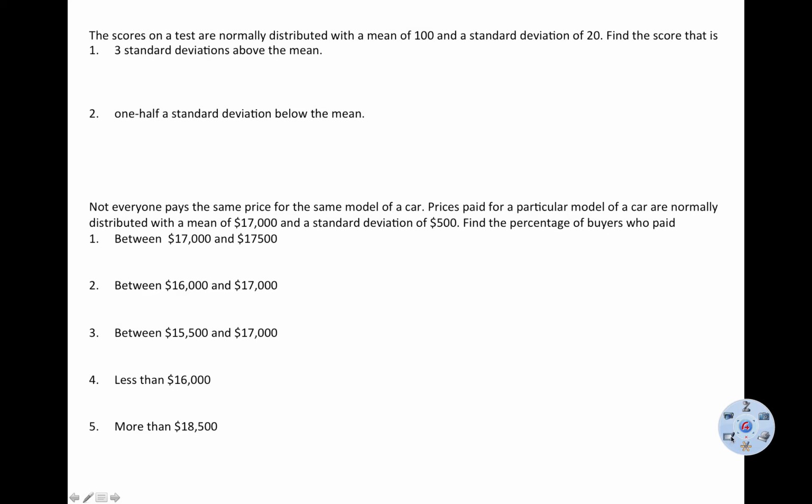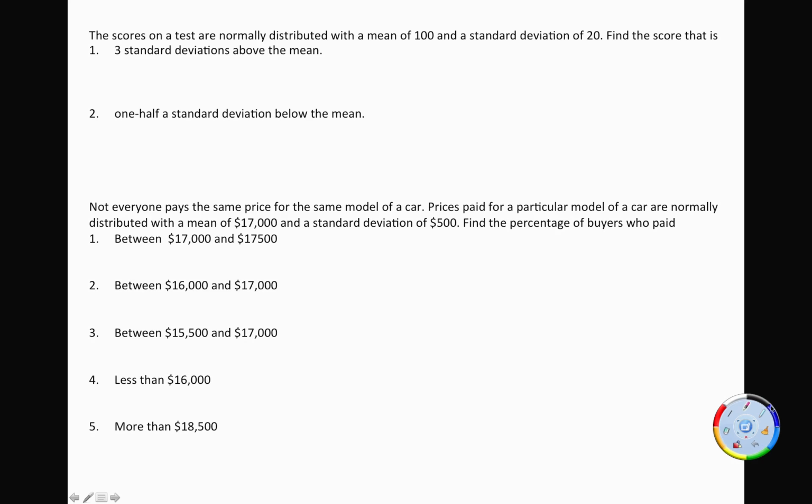Okay, let's see if we can answer some questions about the normal distribution. The scores on a test are normally distributed with a mean of 100 and a standard deviation of 20. Well, if it's normally distributed, I can draw this bell shape, and I know the mean is 100.